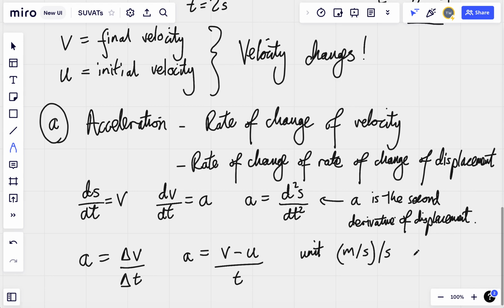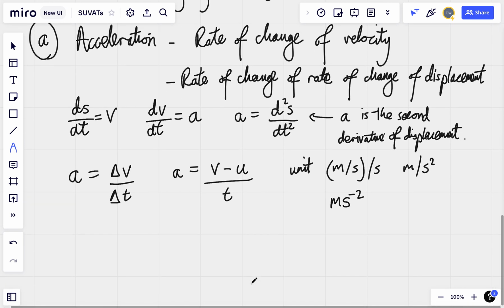Now this basically means it's equivalent to meters per second squared, which is a perfectly acceptable way of writing this, or perhaps better, ms to the minus 2. Essentially, the ms is velocity divided by s gives us the acceleration. Okay, so let's have a look at a little example with this to put it in perspective.